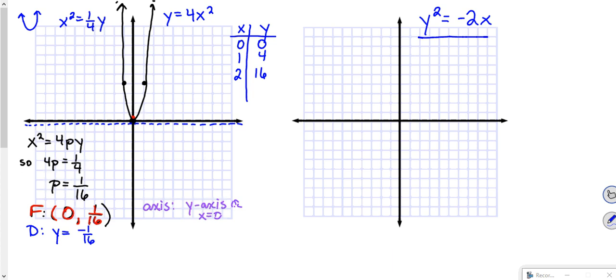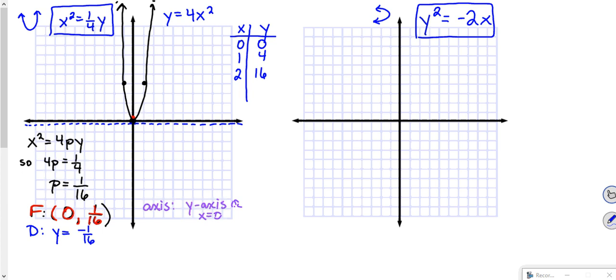Actually, let me put these in blocks so we know what our original equation was. Left or right parabolas, again, we're looking for the number in front of the single term to know whether it's going left or right. So since it's a negative 2x, it's going to be facing left. Okay, I know that just by looking at the equation. The y is squared and the number on the other side in front of x is negative. So I know it's going to be facing left.